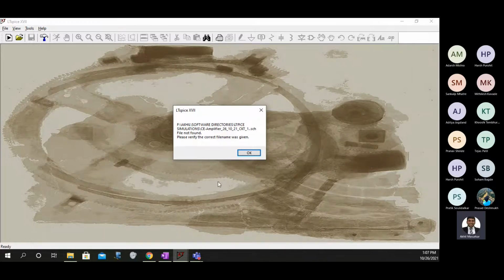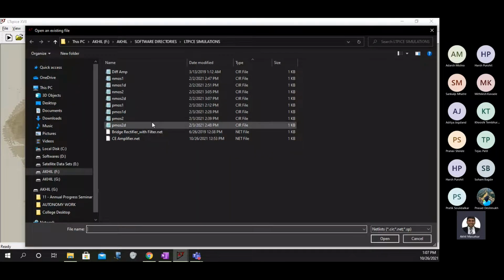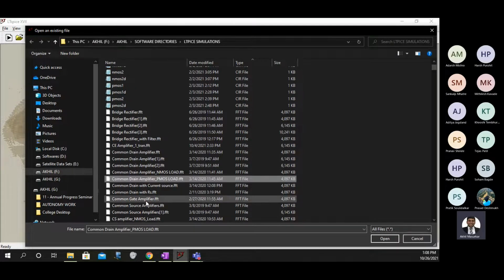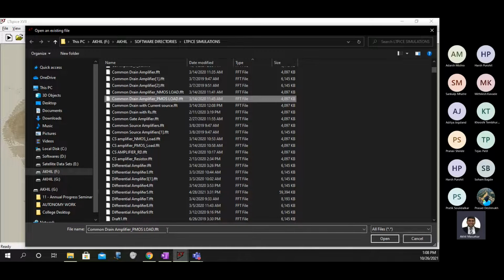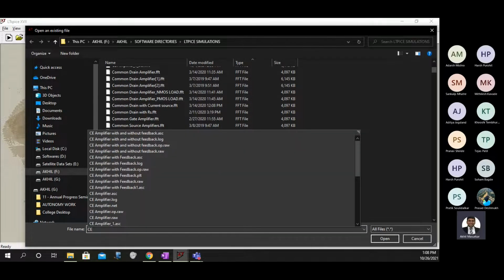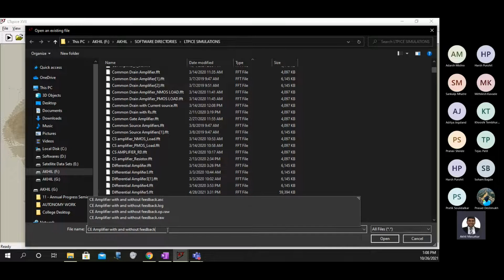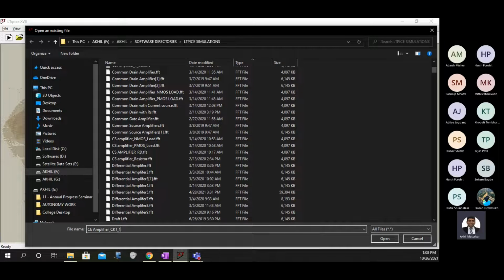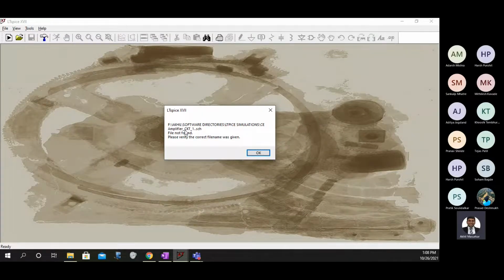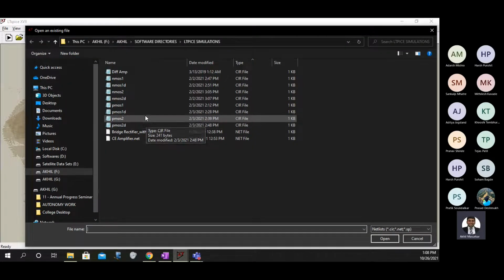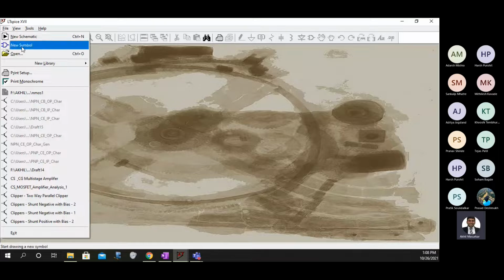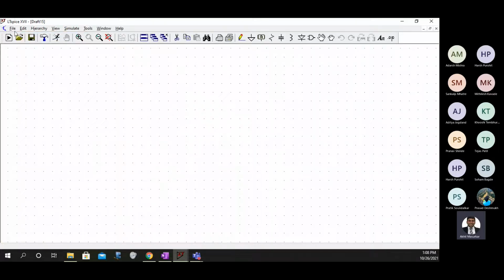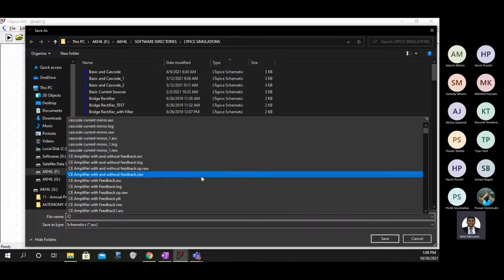I'm just saving. Right? What happened? New schematic, file, save as.